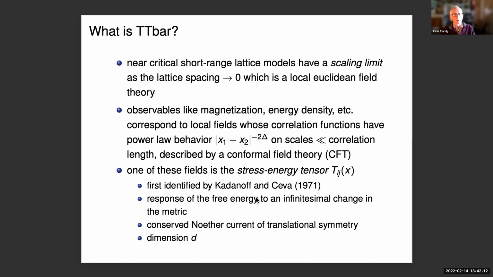Anyway, you can think of this as the response of the free energy to an infinitesimal change in the metric in the usual way. But of course, it also corresponds to the Noether current of translational symmetry. And in d-dimensional Euclidean space, the stress tensor has dimension d.